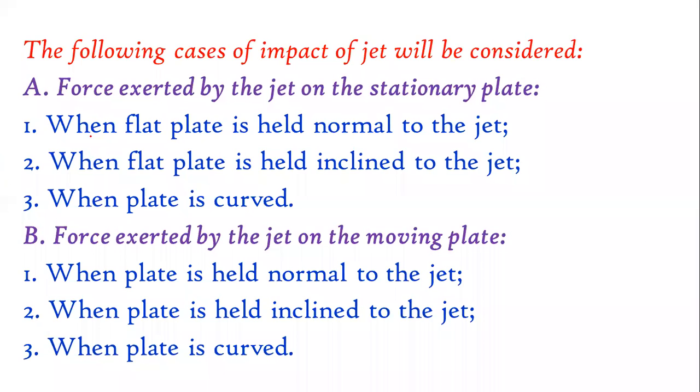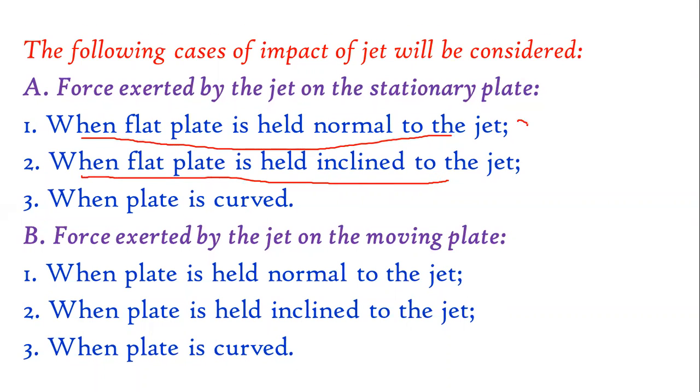So today we have studied when flat plate is held normal to the jet and when flat plate is held inclined to the jet. These two types we have studied today. Okay, and we have even solved numericals on this. I have already sent you the notes of it. You can go through the notes. Okay, and any doubt you can ask me.